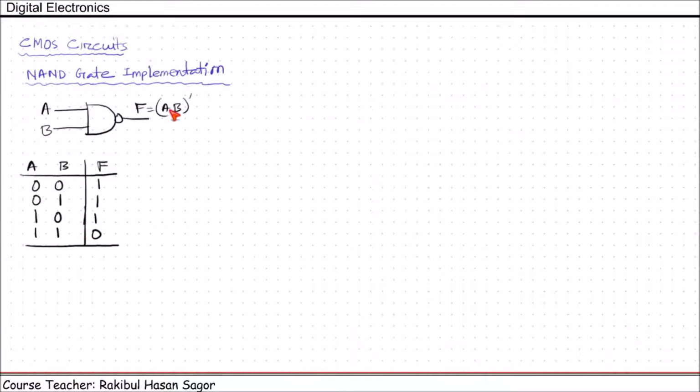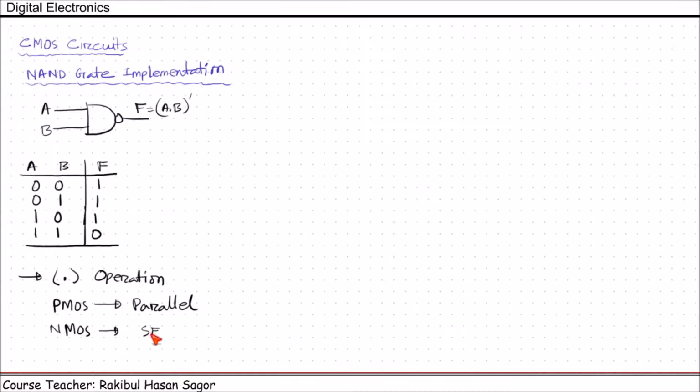Now here we can see we have a dot operation. If we have a dot operation, let me tell you one shortcut method: you must connect the PMOS in parallel and the NMOS in series.